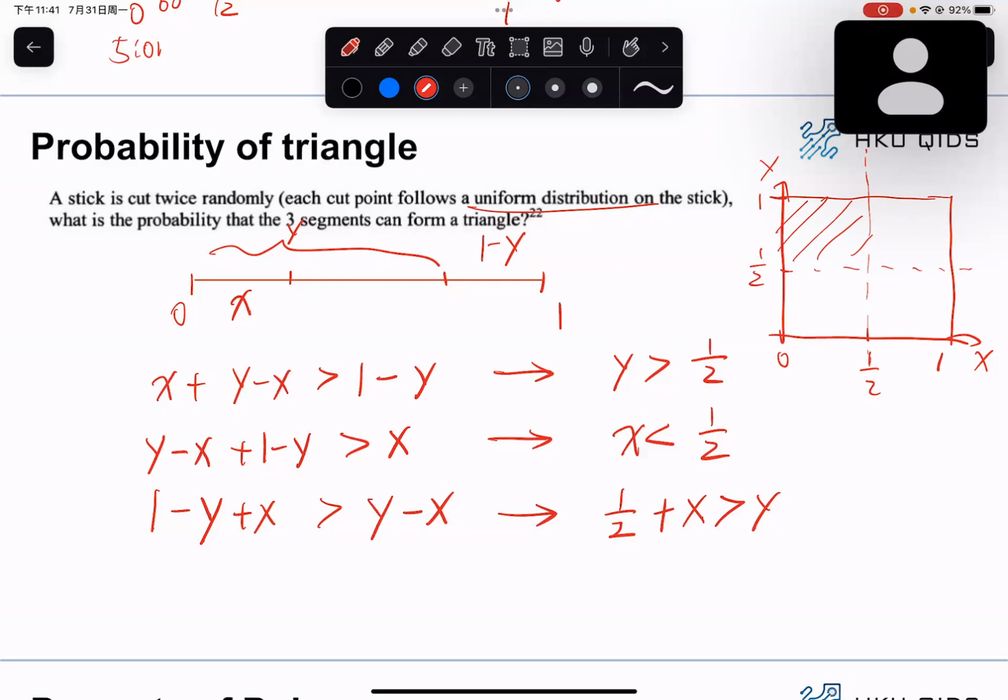And then we also need to have that Y is less than X plus 1/2. So this is Y equal to X plus 1/2, so we are going to have this line, and Y is less than that, so this part. And the total area is what? It is 1/8, right?